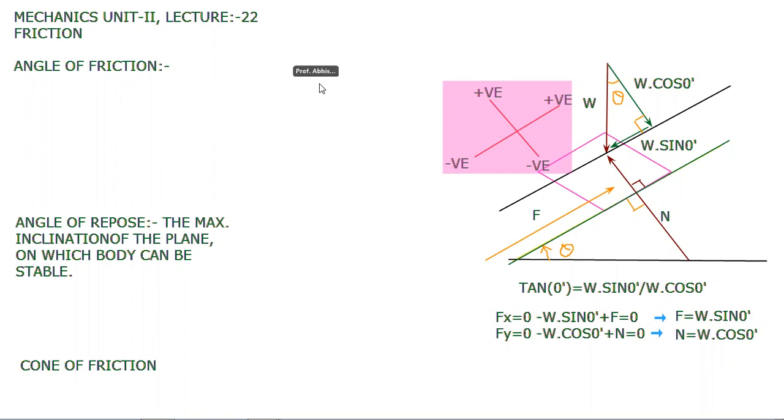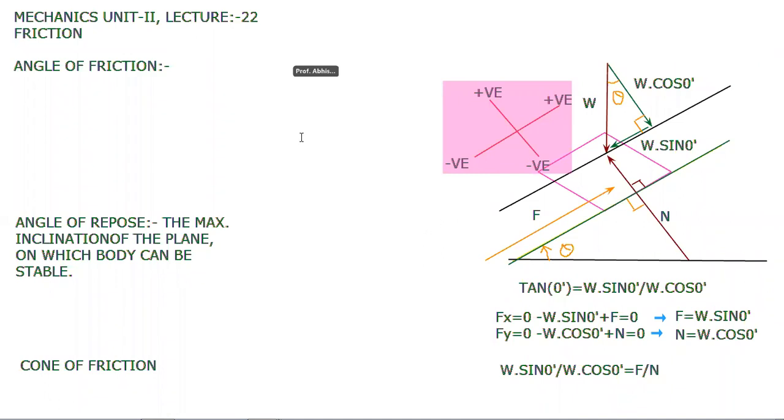What do we get? W sin theta divided by W cos theta will be equal to F divided by N.